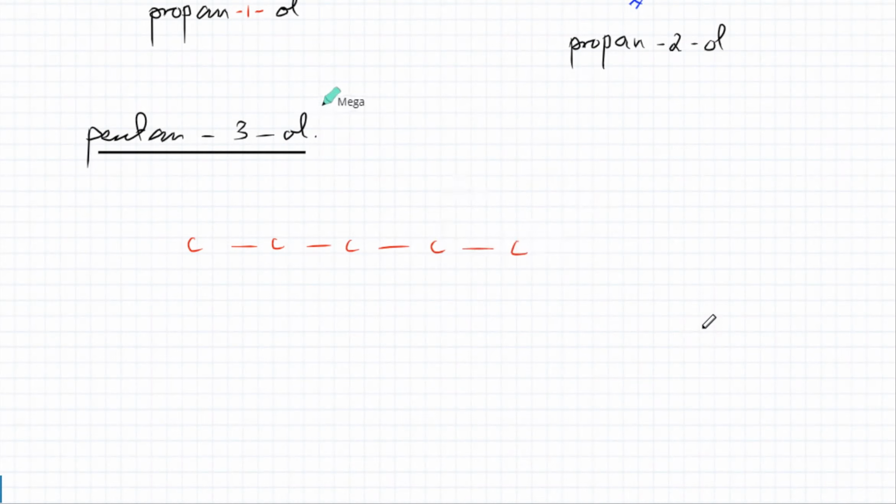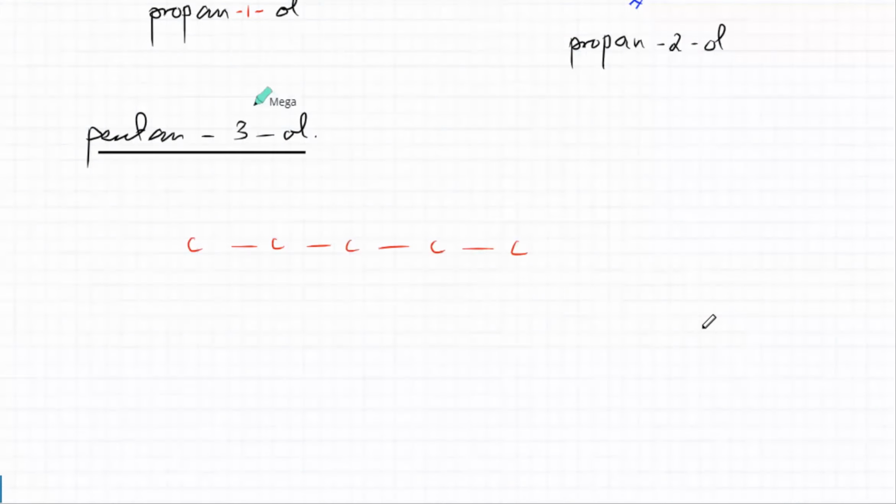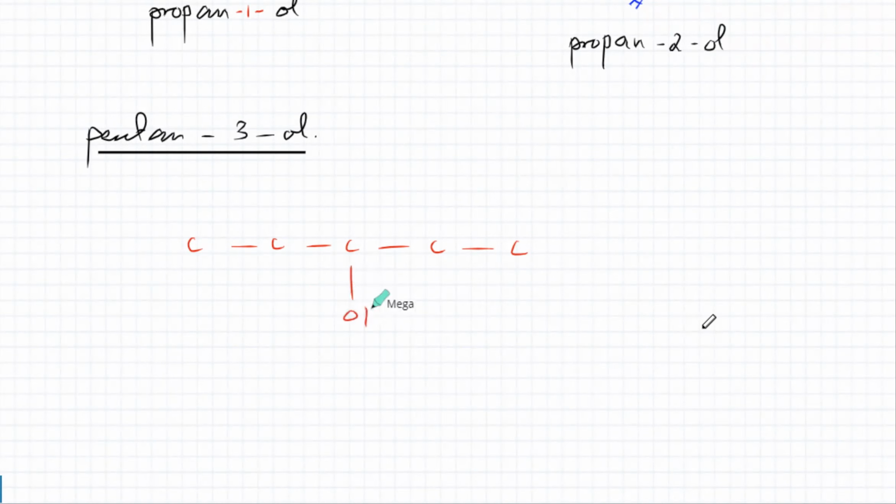OL means it's an alcohol, so there's an OH group and it's located at position number 3. So it's on the 3rd carbon atom. That's where the OH is located. Now you can decide to draw all the bonds or just write it condensed. This would have 3 hydrogens. This one will have 2 hydrogens. This one is already making 3 bonds, so it should have just 1 H. This one should have 2 H's and this one should have 3 hydrogen atoms. Okay, so that's your pentan-3-ol molecule.